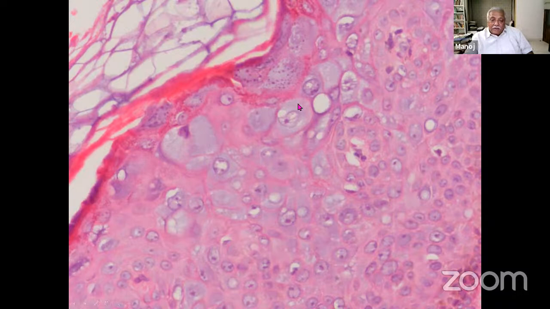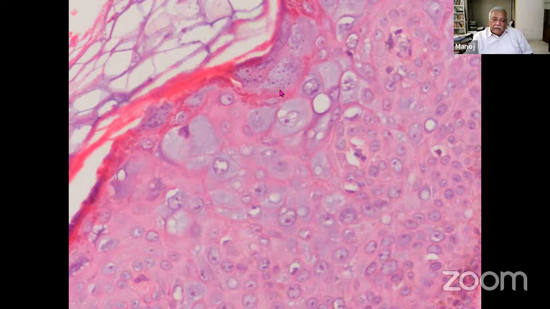And what the papillomavirus does to the cells, of course, we all know. It causes viral warts, it causes other papillomavirus conditions. Some of them actually are also involved in causation of cancer. Viral wart is the commonest manifestation.